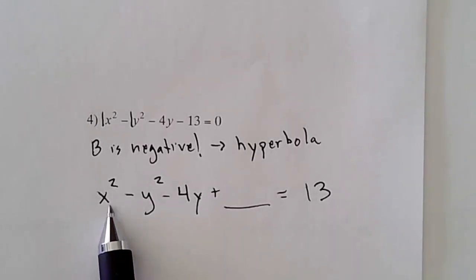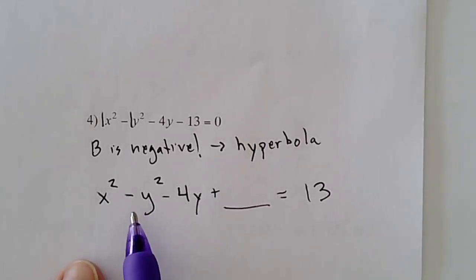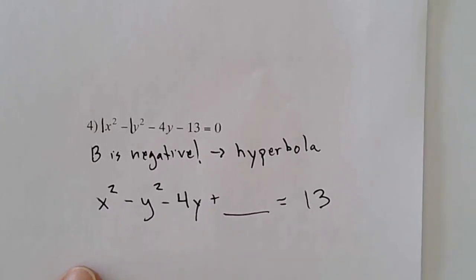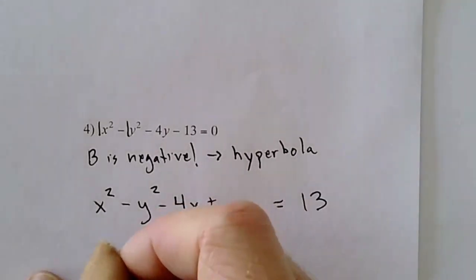So we've completed the square for x. That's great. So that one's done. We need to complete the square for y. Let's see, we have a negative out here in front of the y. So what I'm going to do is factor out the negative first.